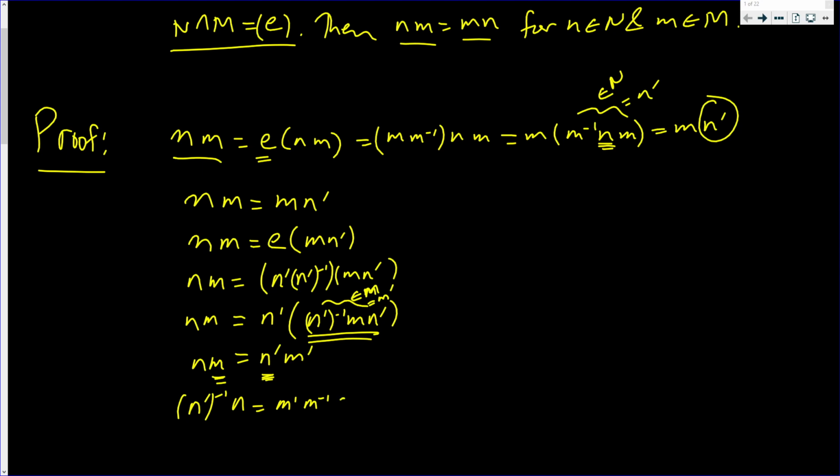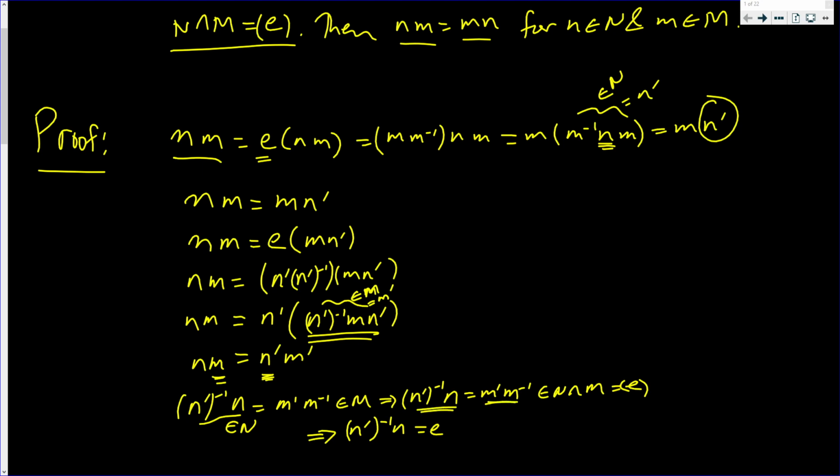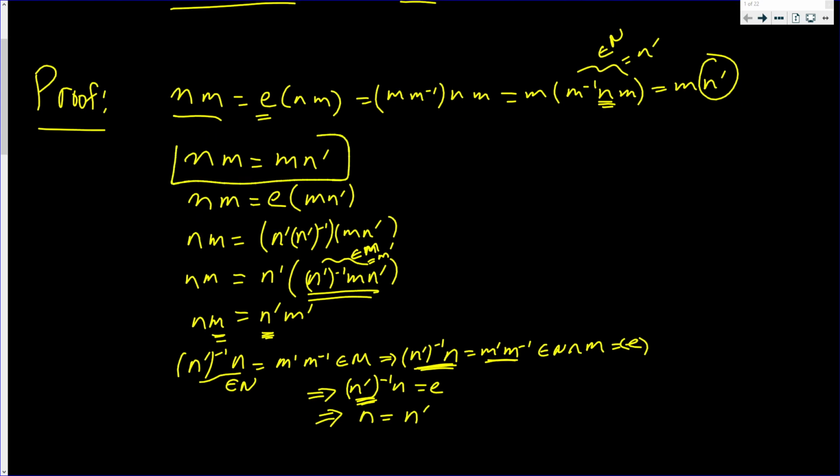But now, this here is an M, and this here is an N. That implies that n prime inverse times n, which is equal to m prime m inverse, is in N intersect M. But that implies that n prime inverse times n is E, because that's only E. This is E, and that's E. In particular, that's E. Bringing this to the other side, that implies that n is equal to n prime. But that's what I wanted to show.